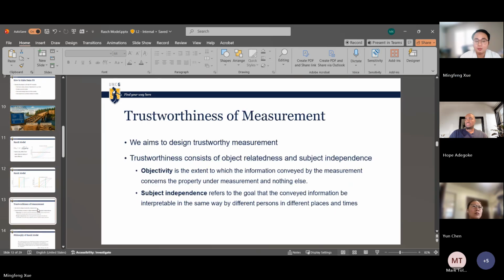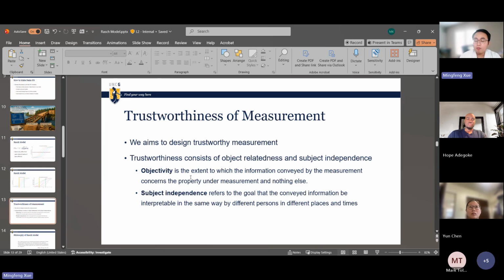And why is this important? Because in building a measurement, in lots of our measurements, our constructs are latent. Latent means that we cannot observe it directly. So we need to build a lot of evidence to make our measurement trustworthy to our audience. And trustworthiness can consist of two aspects: objectivity and subject independence.